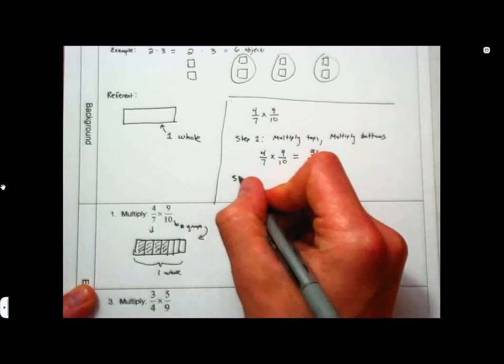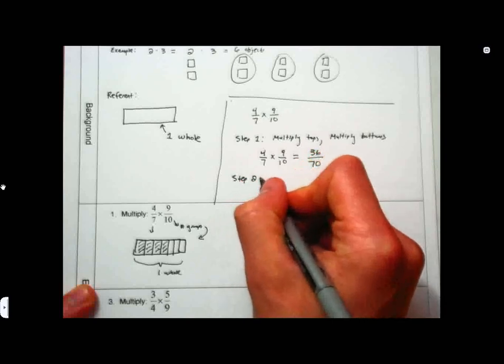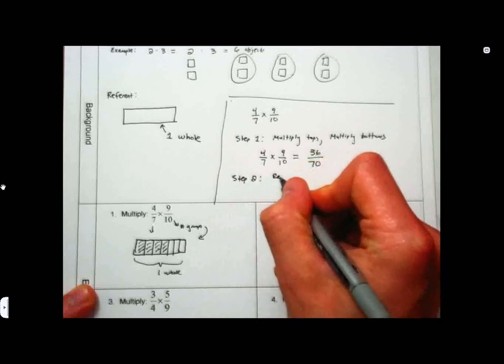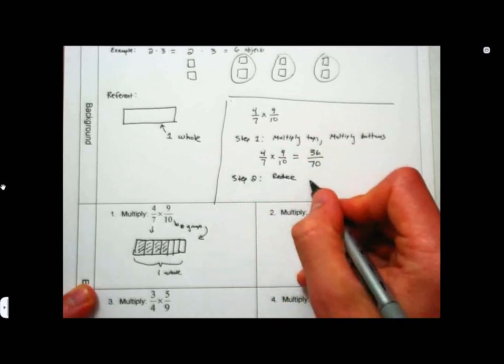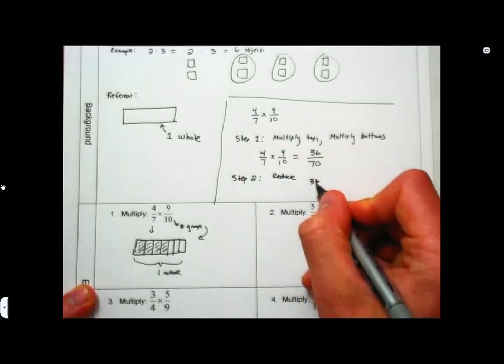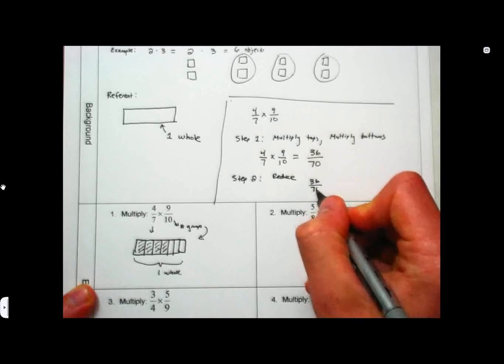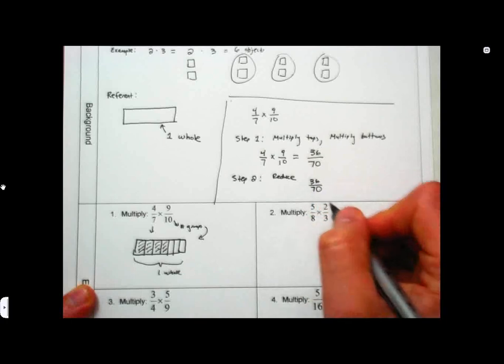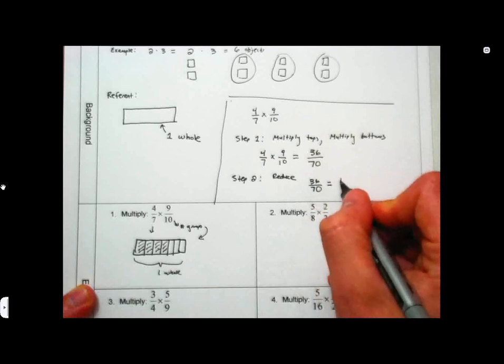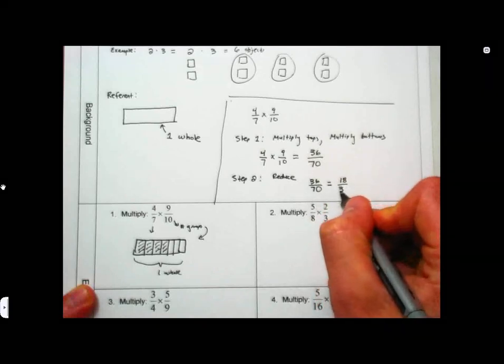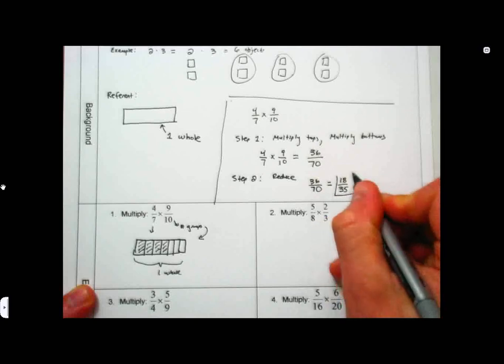Step 2 in the process is just to reduce what I've got. So 36 over 70. Well, if I divide top and bottom by 2, I think that it's going to turn out to be 18 over 35 will be my final answer.